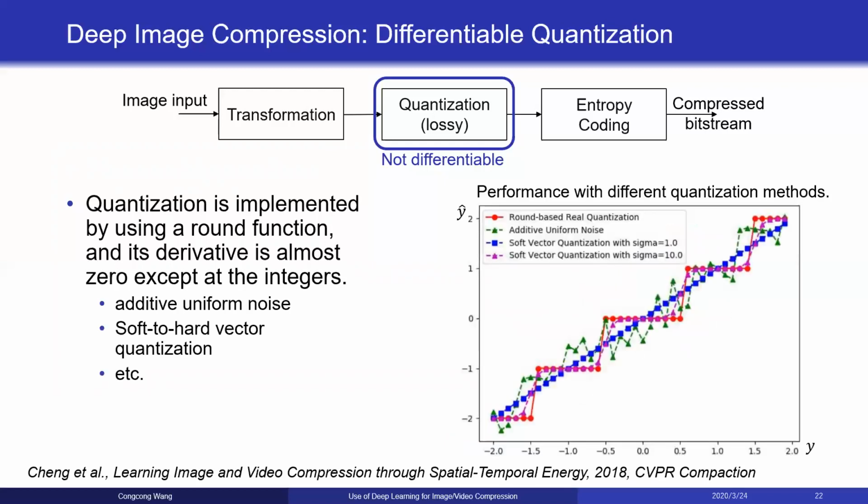In order to solve this problem, some work has proposed, for example, introducing additive uniform noise, as the green curve shows here, so the quantization becomes differentiable. Other methods include vector quantization solutions, and the blue and purple curves shown here with different parameters of this method. After this, the network can be trained because it has become differentiable.